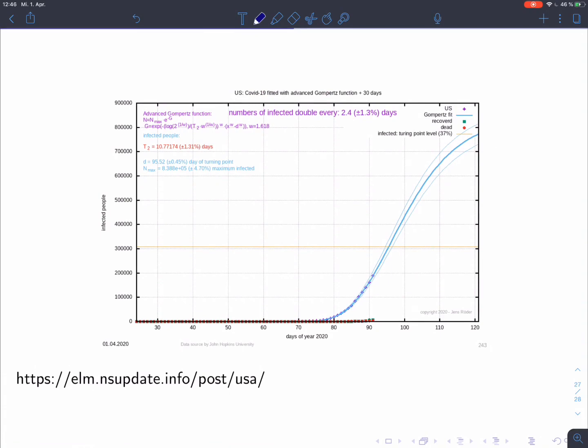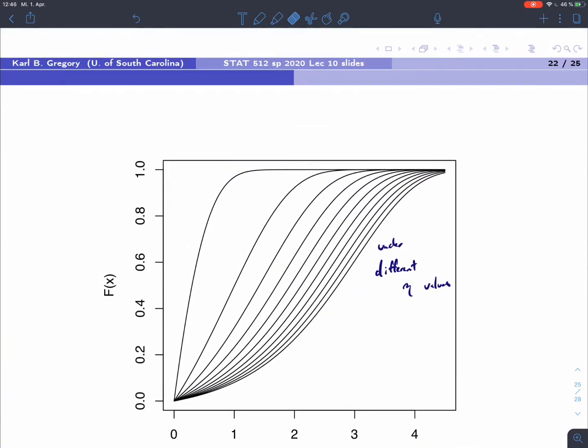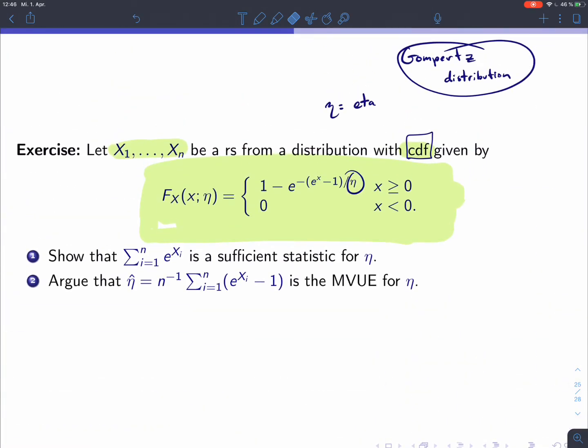Some people are using the Gompertz function, which is related to the Gompertz distribution, to predict the trajectory of the COVID-19 outbreak. So it is relevant. Okay, so you get these curves. We're looking at some version with just one parameter, eta, that we want to estimate.